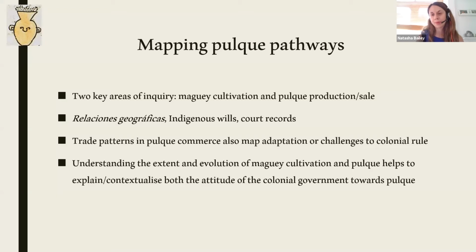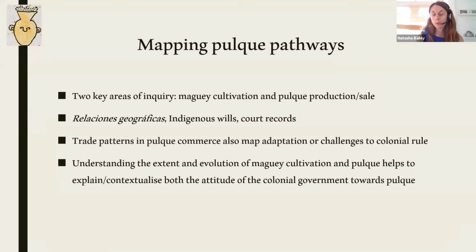And these are useful for me because they record a lot of maguey agriculture, and they record industries going on in towns that are reliant on the plant. For instance, syrup making from maguey is quite popular.